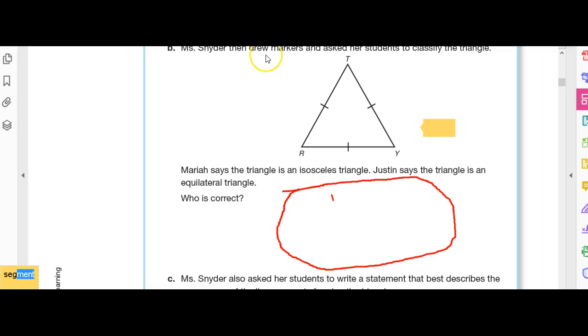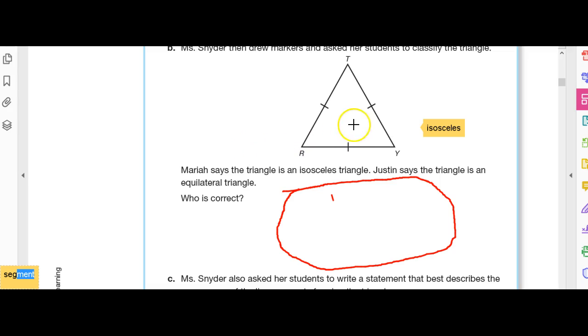Let's see if I can type in here. Okay, well, isosceles, right? So they're all isosceles as long as they have at least two sides equal. But inside of that world, there's the extra special ones.